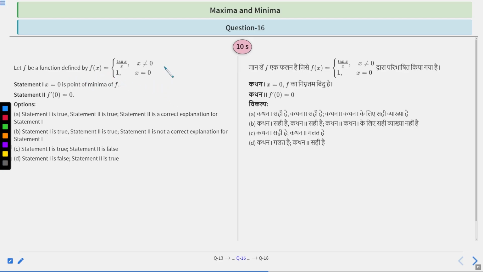So we will put f dash x equal to 0 to find the critical point, and after that, at a particular critical point we will find f double dash x. Clear? And check whether f double dash x is greater than 0 or not at that critical point, right? So you have 10 seconds to solve this question. After 10 seconds, we will discuss the solution.